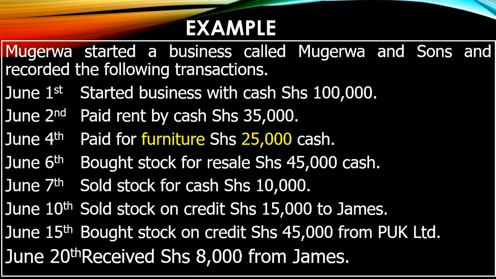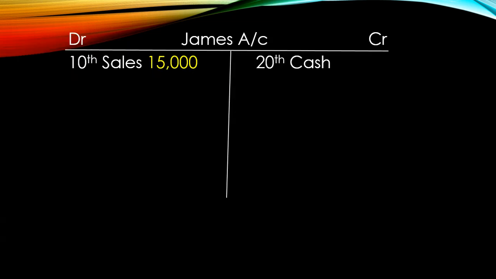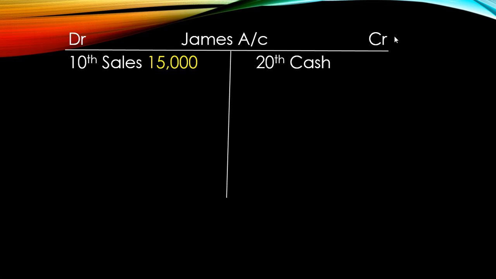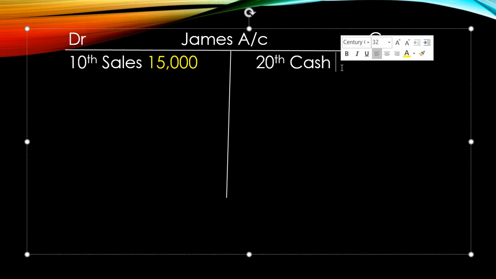We are going to debit cash and credit James, because remember James is our debtor. So credit James with 8,000. That transaction happened on the 20th.